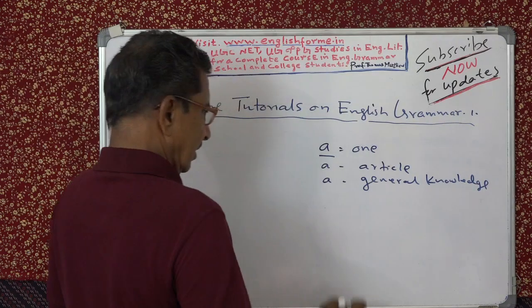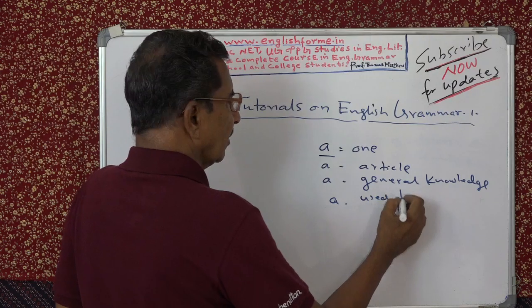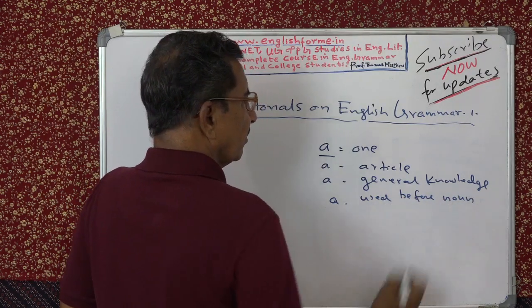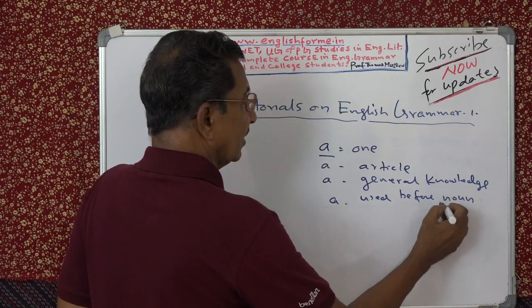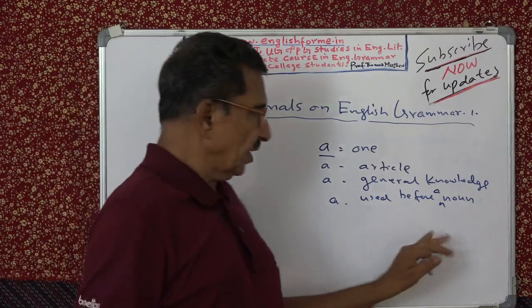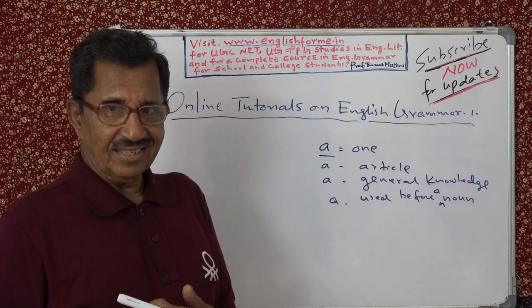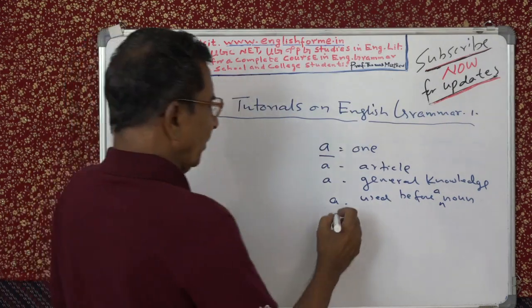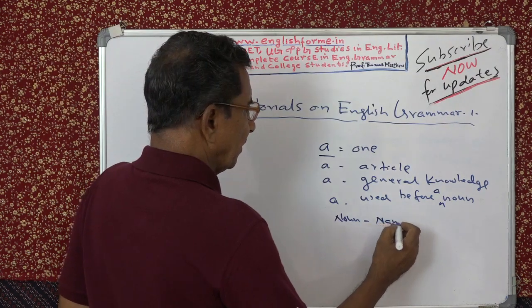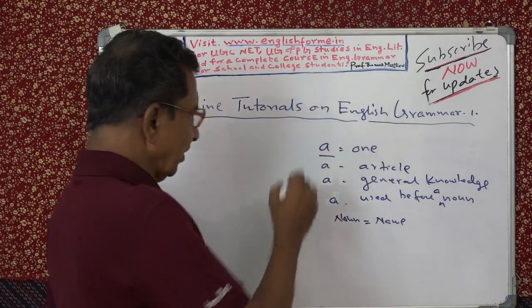A is used before a noun. Before one noun, not two nouns. Noun means name, simply. That's all. So this is all what I have said.